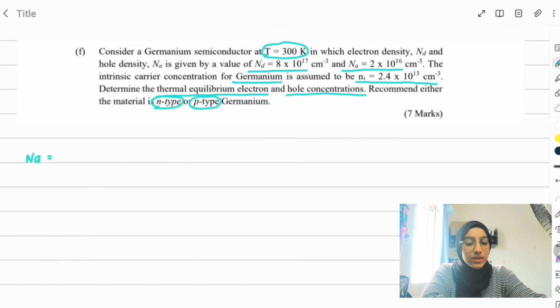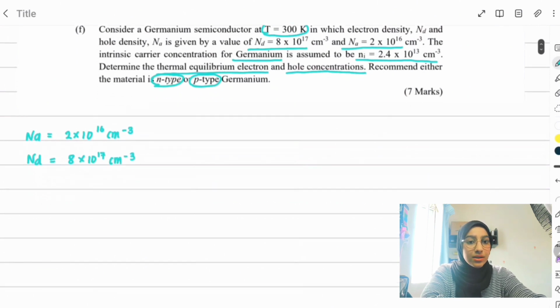So the question is to find the thermal equilibrium electron and hole concentration, and it wants us to recommend whether the material is N-type or P-type germanium. Here I'm just writing again the values for Na, Nd, and also Ni.